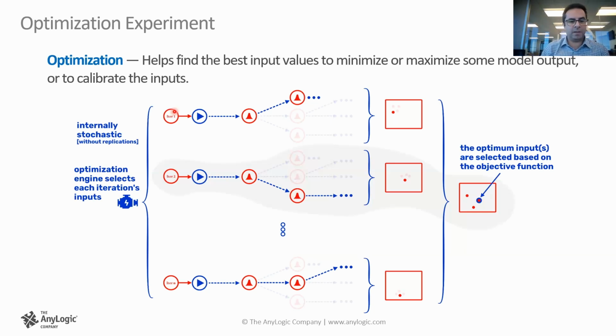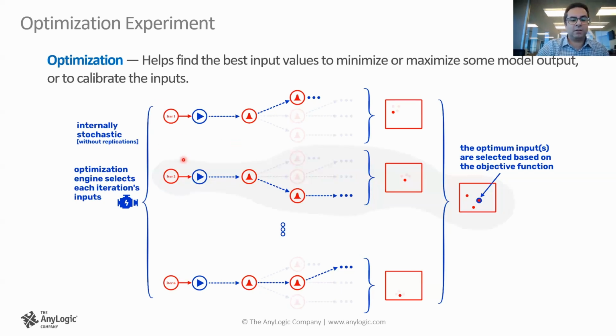So if you look here, if we have a model that is internally stochastic, the optimization engine starts different iterations. Each iteration means that the initial condition would be set by the optimization engine. For example, we have the option to have 1 to 10 forklifts. It tries 2 forklifts, runs the simulation and gets the result. Then it tries 5 and looks at it. And maybe goes back to 1 and tries that.